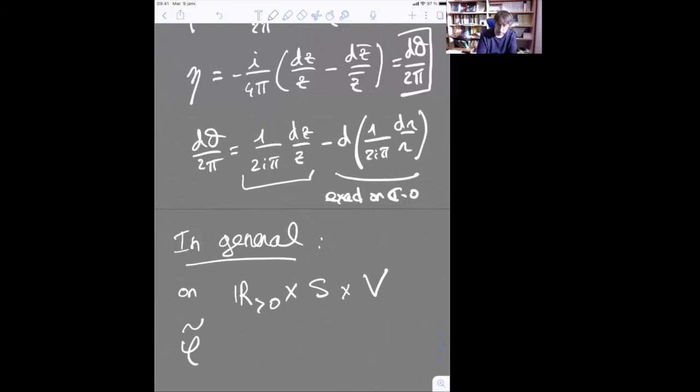Then phi tilde is equal to a form which I will denote alpha, plus another form which I will denote beta, wedge dr over r, and r is the coordinate in the first factor.